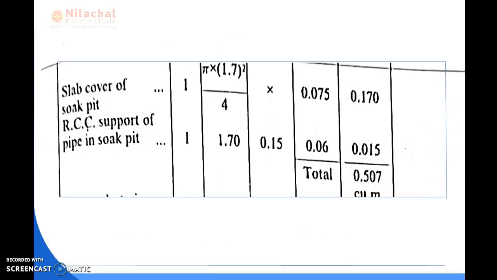So we need to check what is the length, the breadth, and the height. Here the length is 1.70. How? The length of brickwork is equal to the soak pit diameter, which is 1.70.